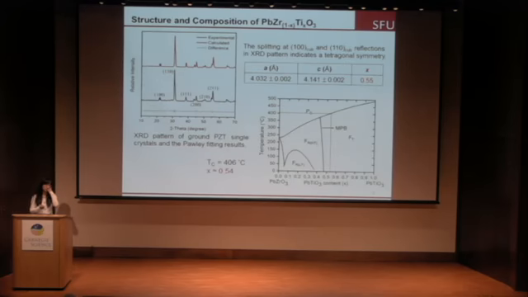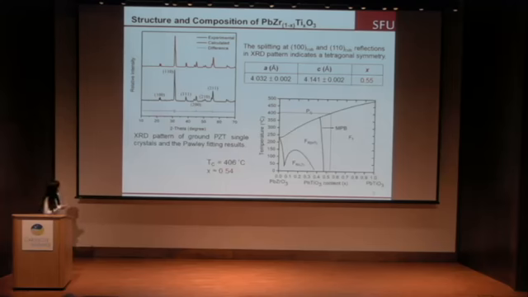The domain structure I'm going to talk about today is for pure PZT single crystals. The structure of the crystal is confirmed to be tetragonal by X-ray powder diffraction analysis, and the calculated lattice parameters are very close to the 55% PZT ceramics.